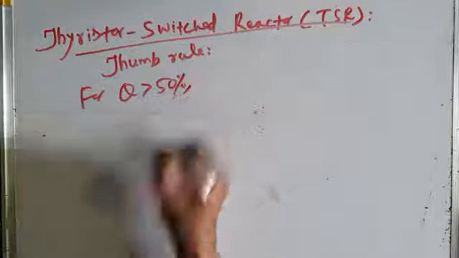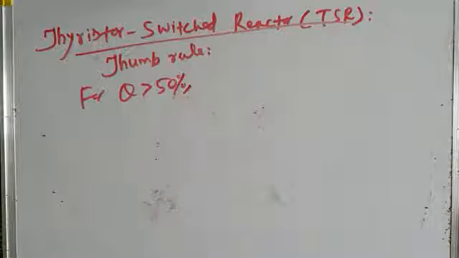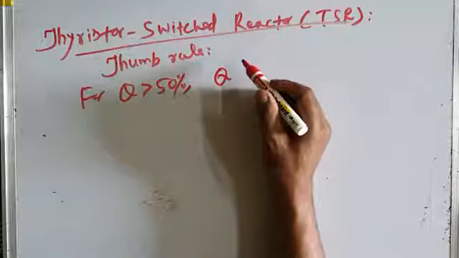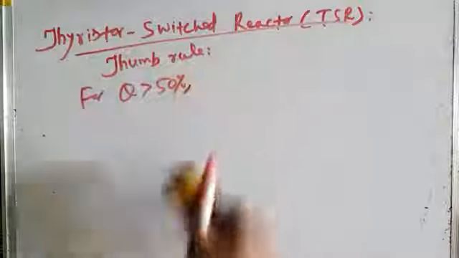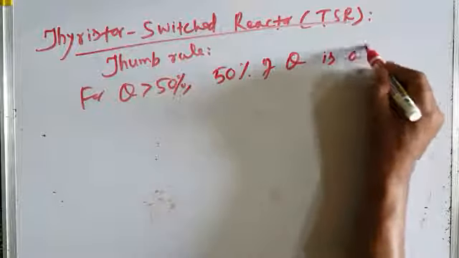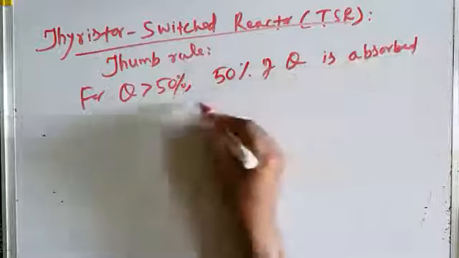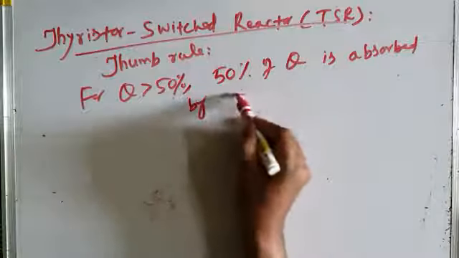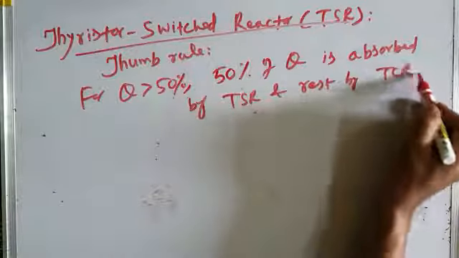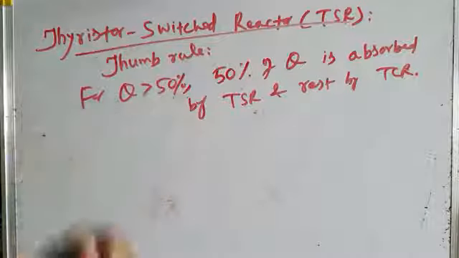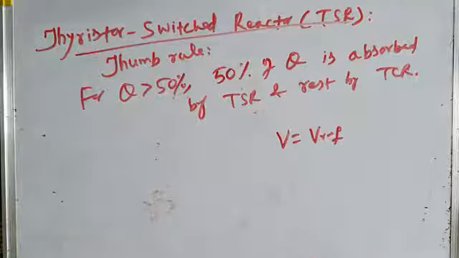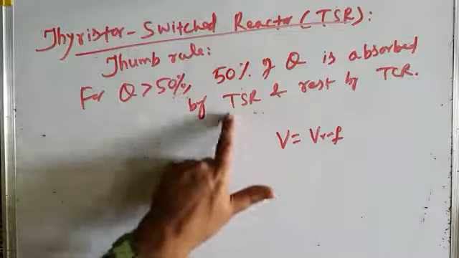I mean, if reactive power to be absorbed is greater than 50%, then 50% of reactive power is absorbed by TSR and the rest by TCR. I mean, if Q is greater than 50%, it has to be absorbed in order to maintain bus voltage equal to Vref constant. We don't use TCR alone, we use TCR in parallel with TSR.